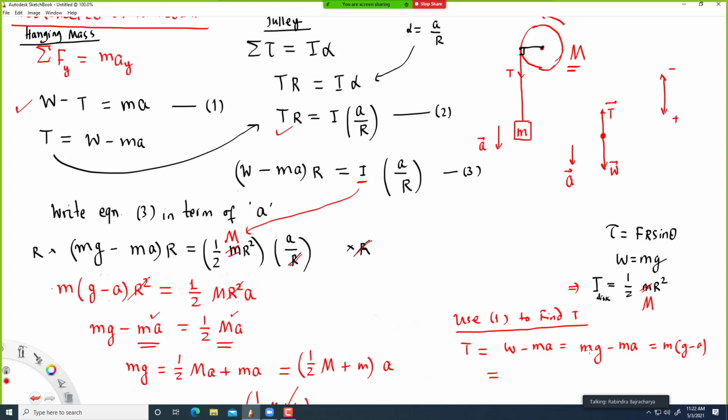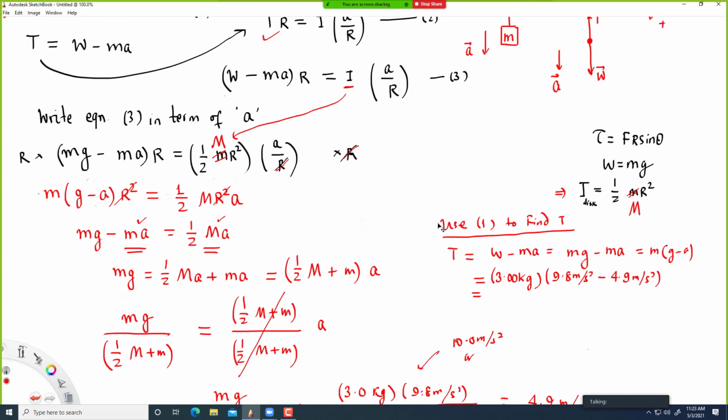So m here is the hanging mass, which is 3 kilogram. g is either 10 or 9.8, and a is, we just found that, 4.9. So when you do that calculation, you get 14.7 Newton.